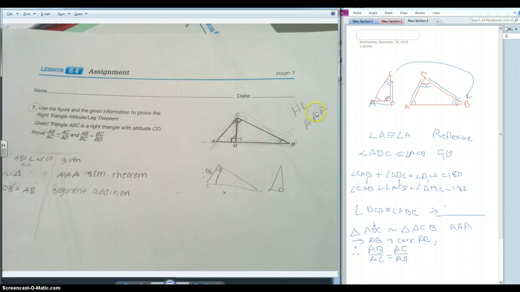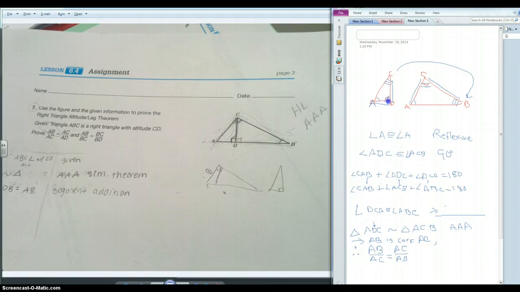This is D right here. So this is the shorter leg, A to D, and that corresponds to this leg right here, C to A. So this is the hypotenuse, and this is the hypotenuse. This is the shorter leg, and this is the shorter leg. And this is the longer leg, and this is the longer leg.